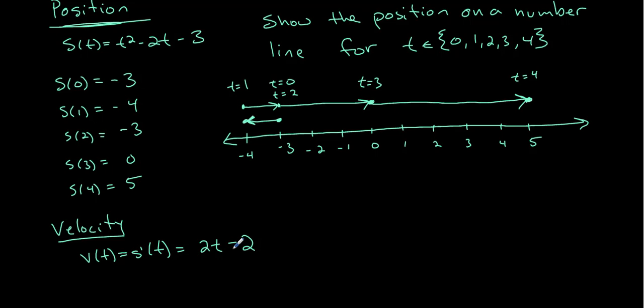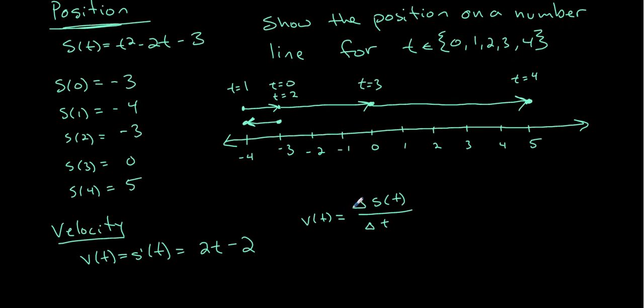Okay. Tell me about the velocity of this object. And again, we have the derivative, which means velocity equals change in position over change in time, yeah? Because the derivative would be the slope of the previous thing, right?